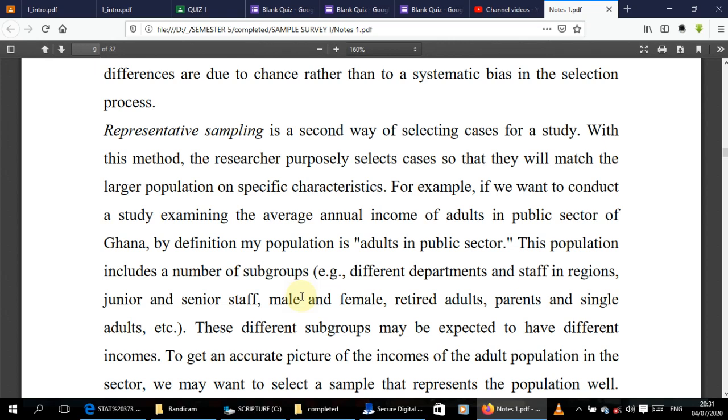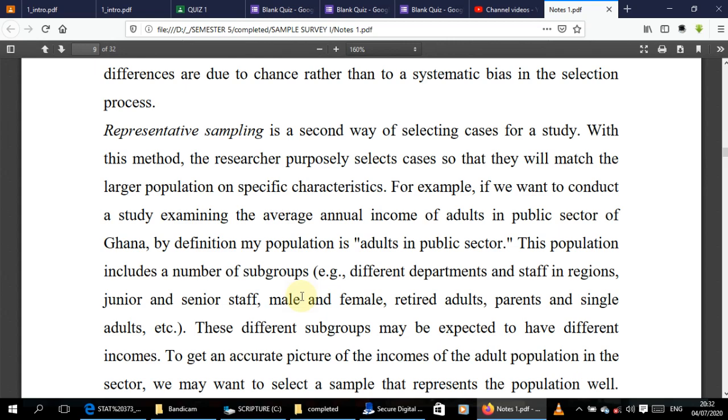And you are saying that the mean salary in the company is 2 million. That is not right. So you have to make the sample look like the population. You pick some executives, some gatemen, some middle-level staff, some low-level staff. All of them, you pick them in the company, take their salaries and do the survey. In that way, you have a clear picture.